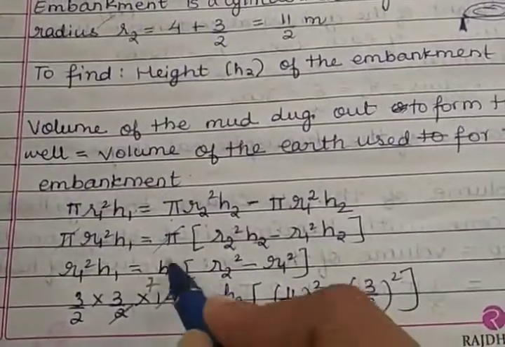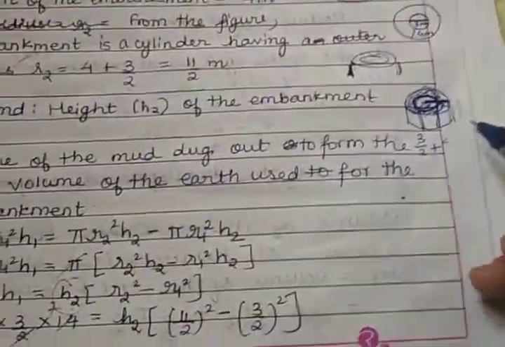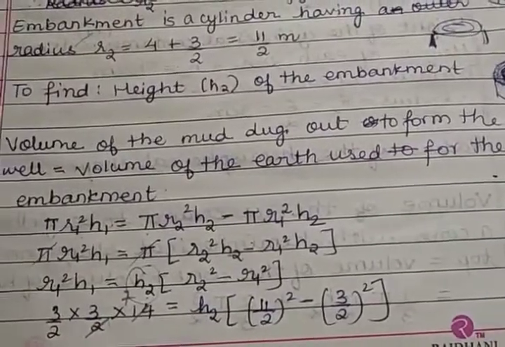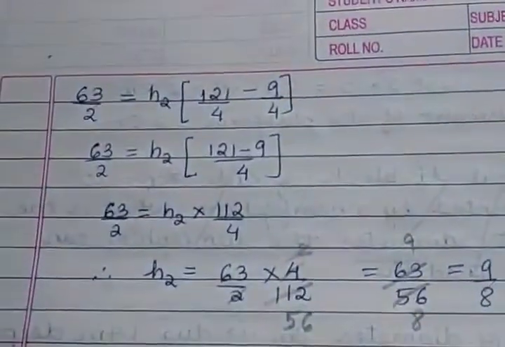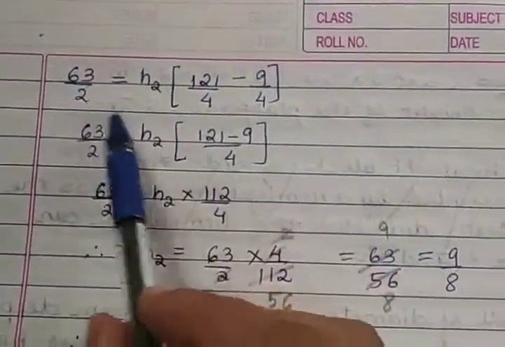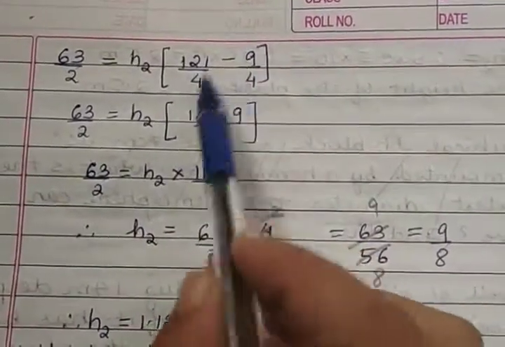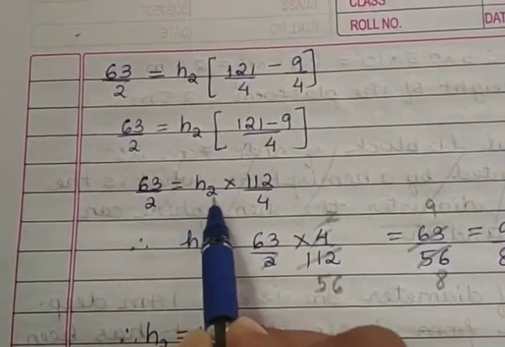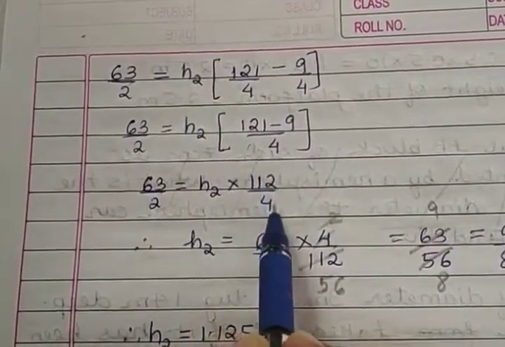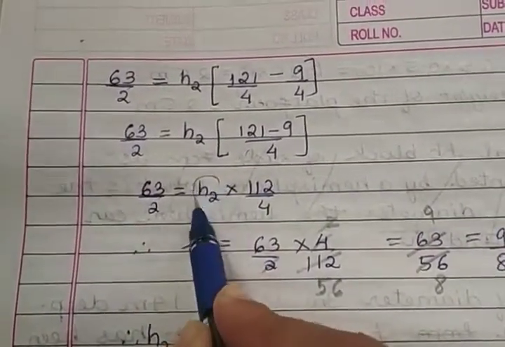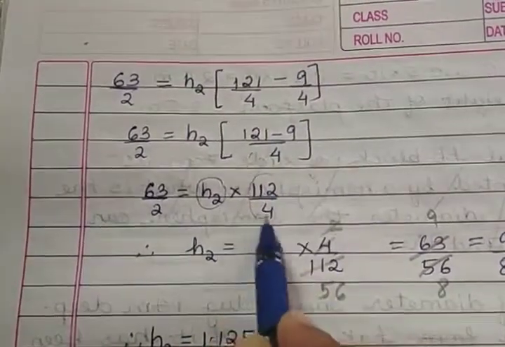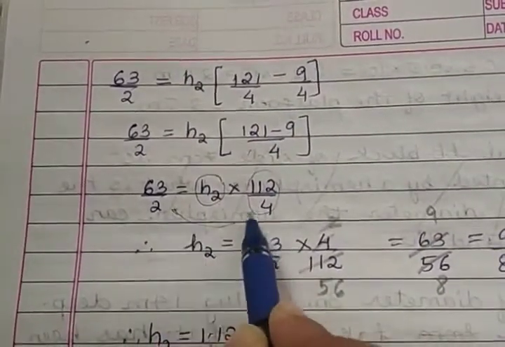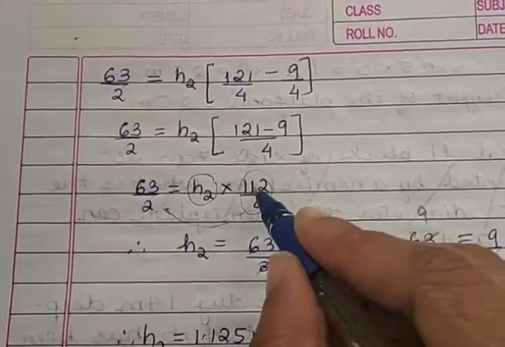Substitute all the values. We have to find H2, the height of the embankment, which is unknown to us. So on simplifying, and the bracket is also simplified, you get 63/2 is equal to H2 multiplied by 112/4. I want H2, so I will transfer this term to the other side, and it becomes a reciprocal.